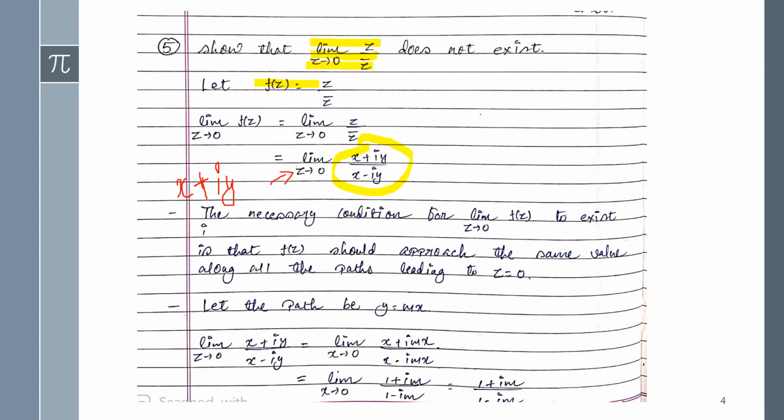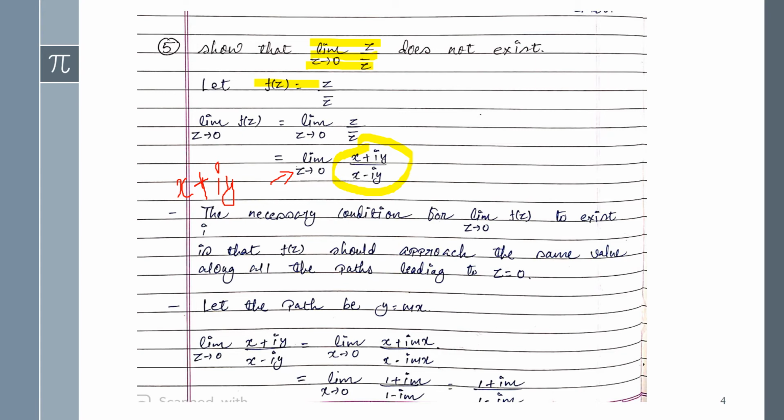And the function is also given in the same x plus iy form. So here it's not given as a single variable, so you can't put limits directly. Because we have two components of z, that means two limits, so we cannot put both limits together, and actually z is given as x plus iy.